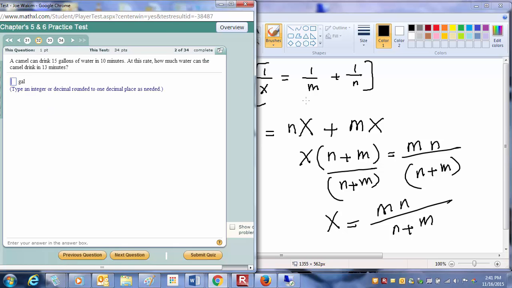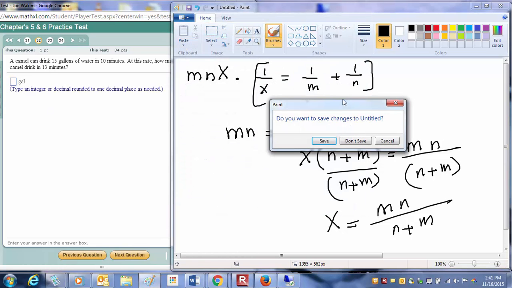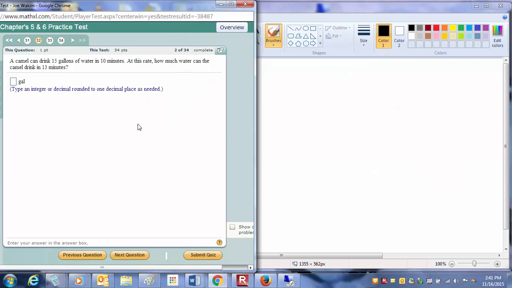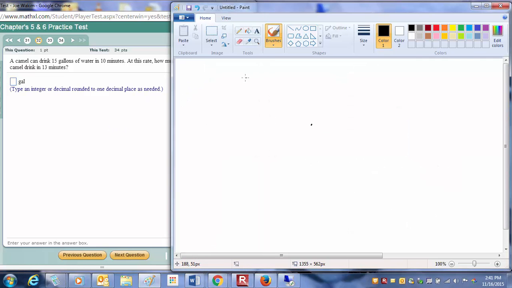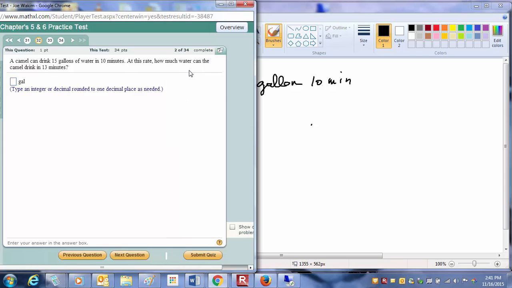Let's try one more. A camel can drink 15 gallons of water in 10 minutes. So that must be a proportion problem, 15 gallons, and that's 10 minutes. At this rate, how much water can the camel drink in 13 minutes?